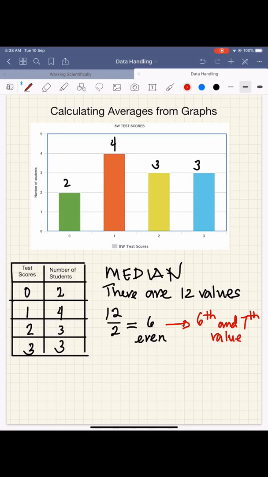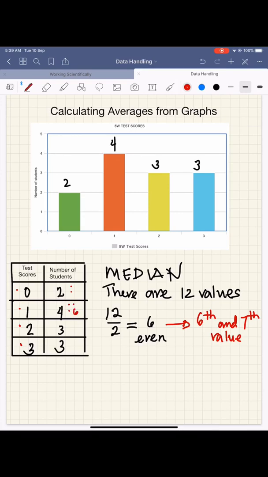So let's look at the table here. What is the 6th and the 7th value? Let's calculate. So remember, when you're doing a table, this always must be in numerical order. So let's count the number of students. We have 1, 2, 3, 4, 5, 6.